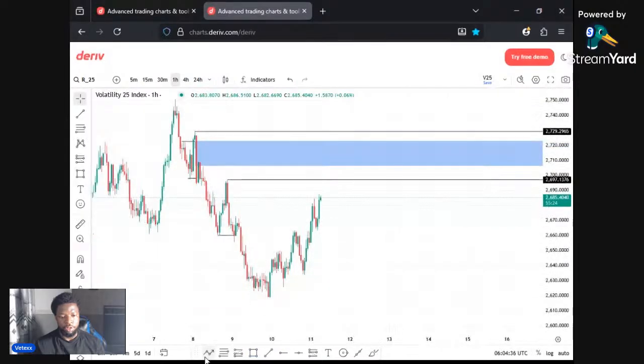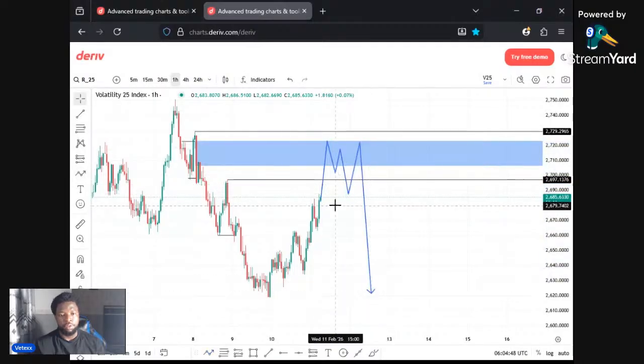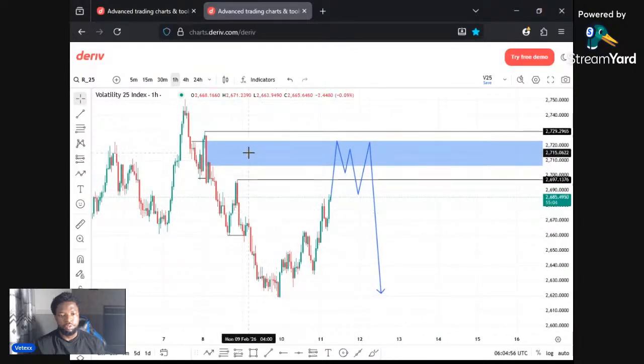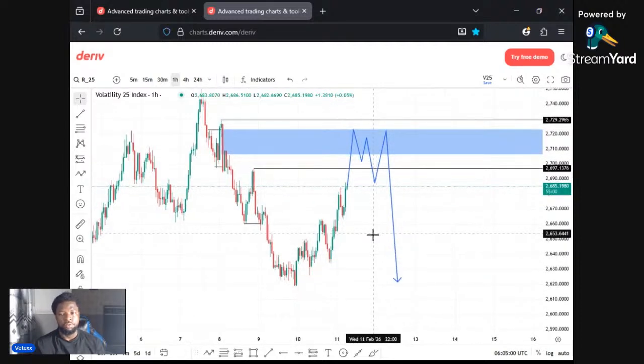So what are we anticipating now? Expecting price to come in, give me this, give me that, tap into this point of interest and sell in the opposite direction. So this is all I'm anticipating on this pair right now. So you can also save this.